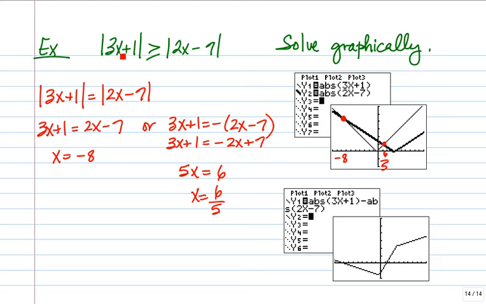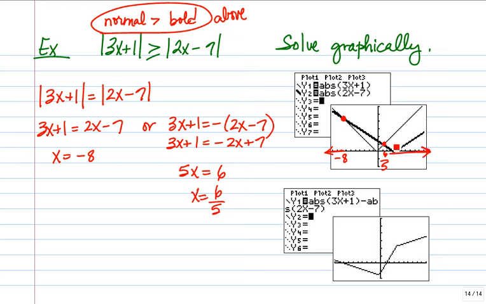So where's the normal greater than the bold? Okay, greater than means above. So where does that happen? Well, it happens to the left of this negative 8, right? And to the right of the 6/5, right? Because that normal graph is above the bold graph in those places.